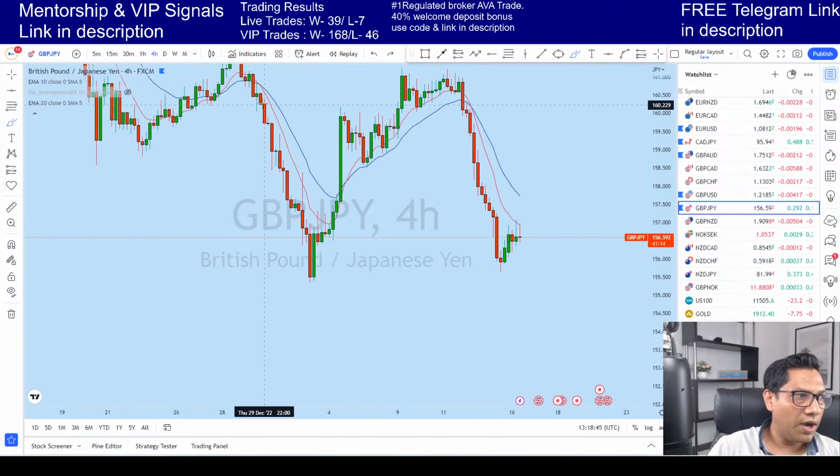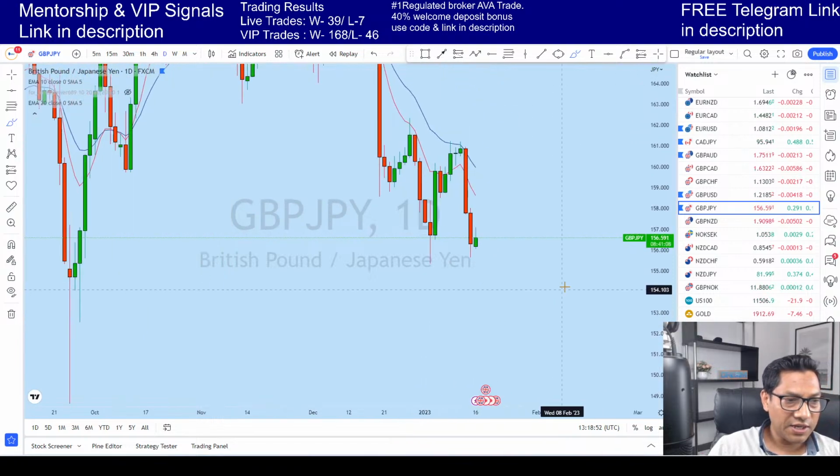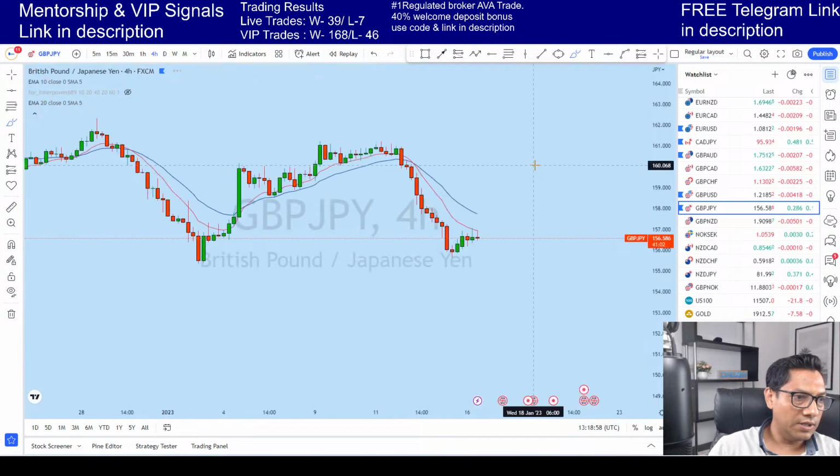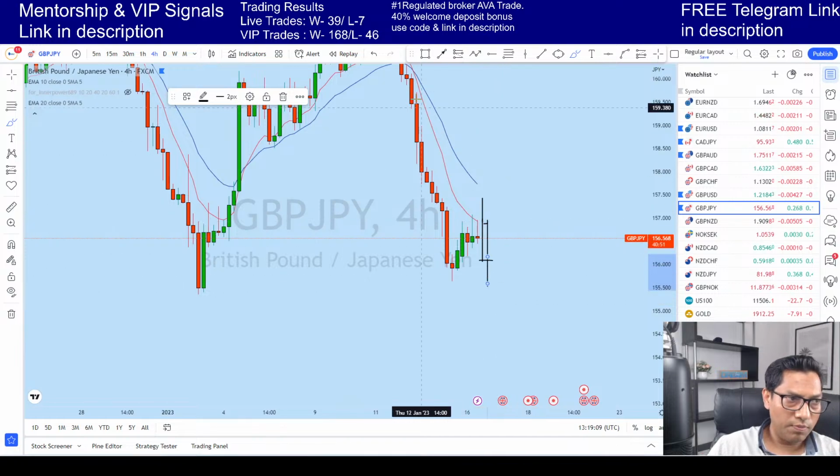So GBP JPY, if we look at daily, we see that from the daily perspective it is also highly bearish, unless, as I mentioned, it wants to go up further. You could see it, but in most cases you will not see a very strong bearish price action.